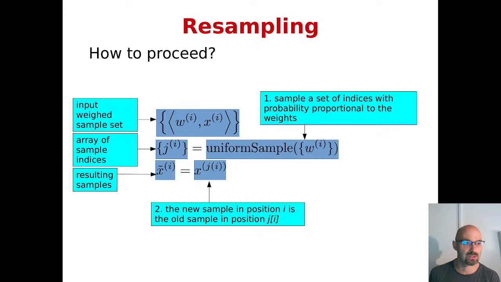Of course, I lose some diversity. I agree with you. There will be some samples that are repeated. The next time I inject noise, this sample will disappear. But it's just a way to turn a distribution that has weights into a distribution that has no weights.